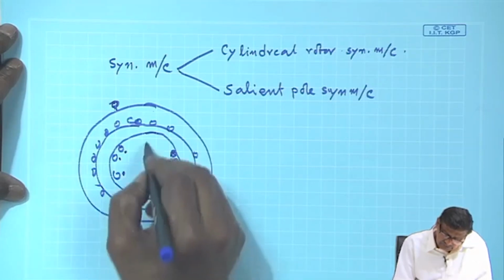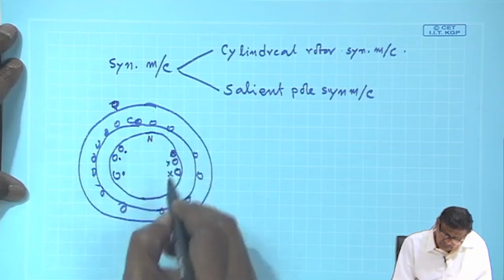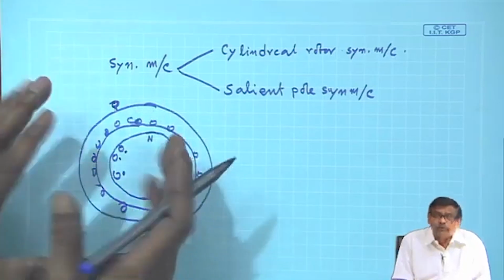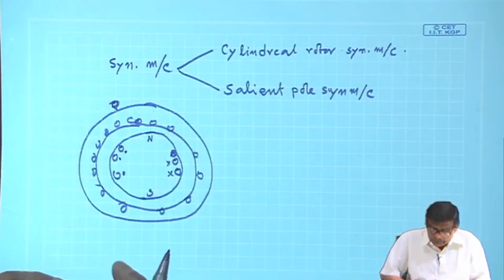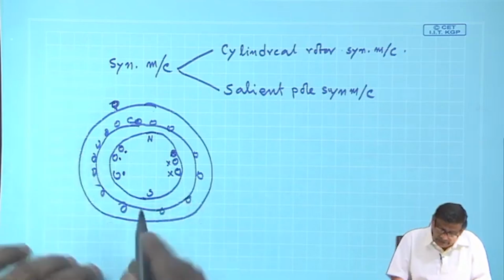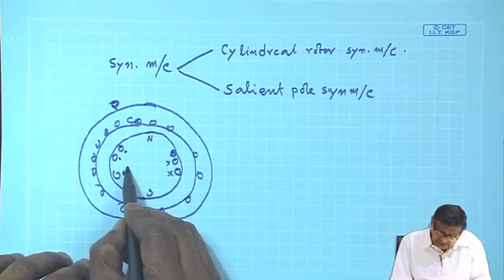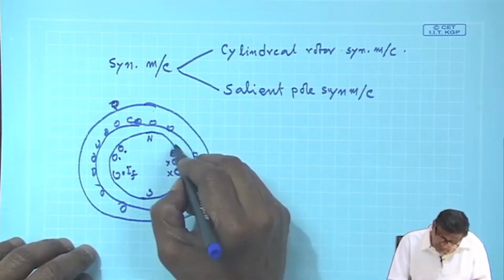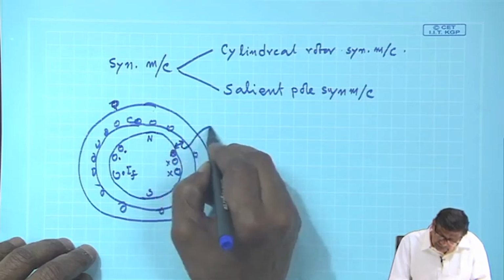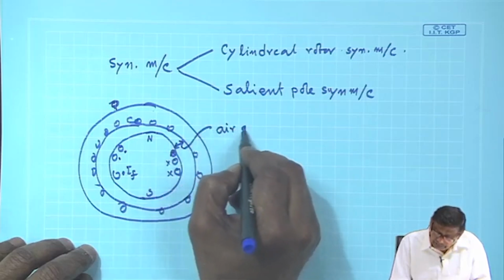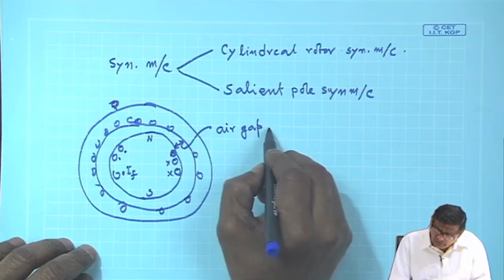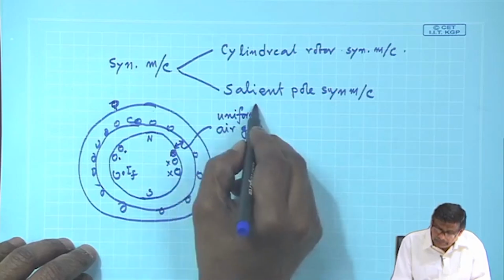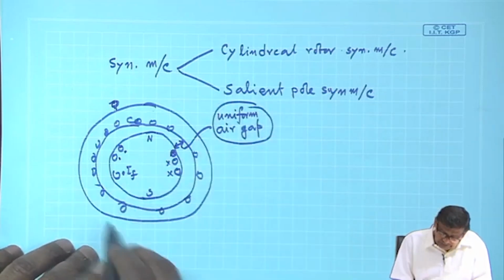So this will become a north pole and this will become a south pole of the rotor, an electromagnet kind of thing. Here is If, your DC current, and in this machine this is the air gap, which is a uniform air gap. So, this is the cylindrical type.